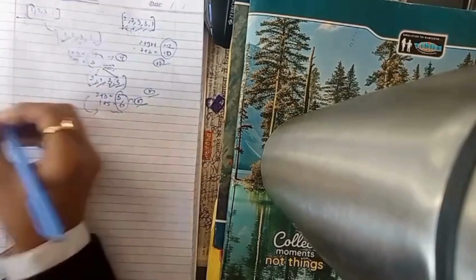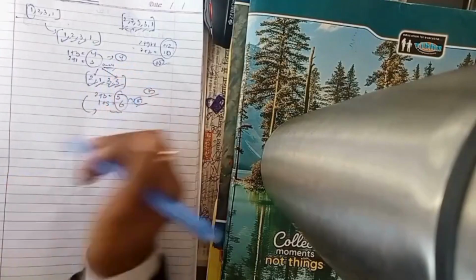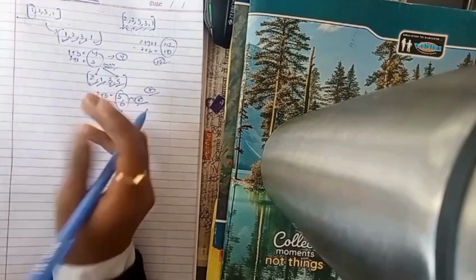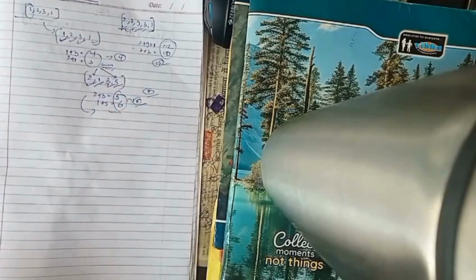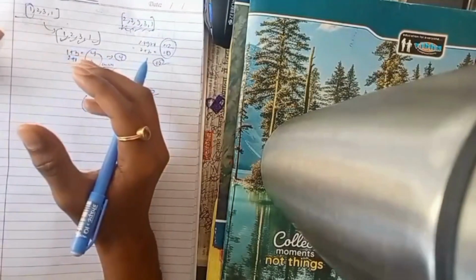Thinking on this problem, we can see that we have choices in robbing houses. So let's say at every index I have a choice to rob the house.